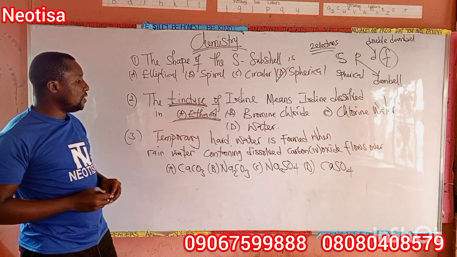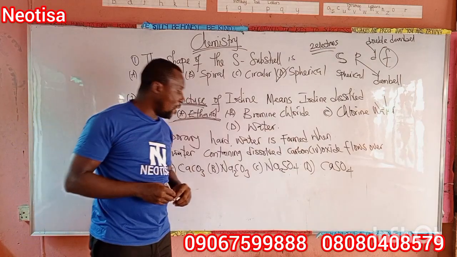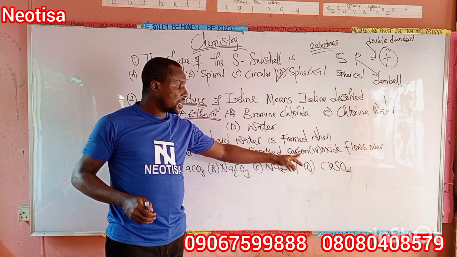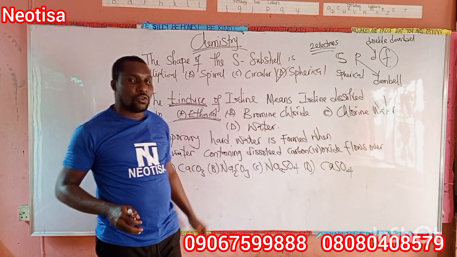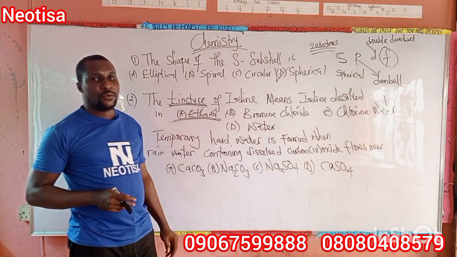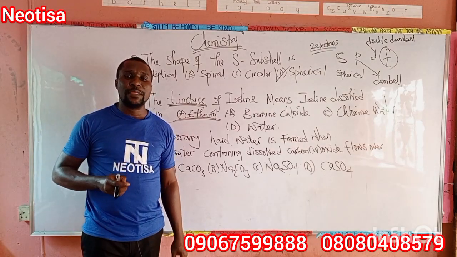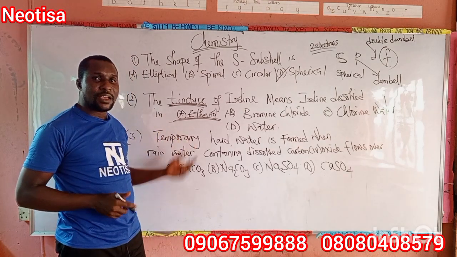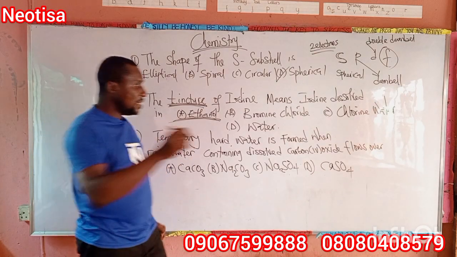Let us look at the third question. Temporary hard water is formed when rainwater containing dissolved carbon(IV) oxide flows over... Class, don't forget, we have two types of hard water: temporary hard water and permanent hard water.